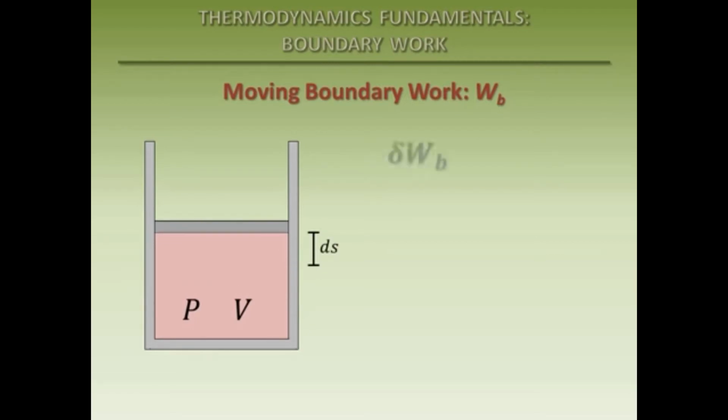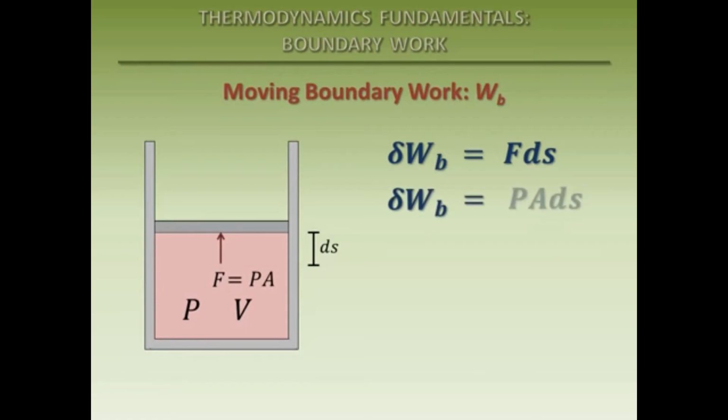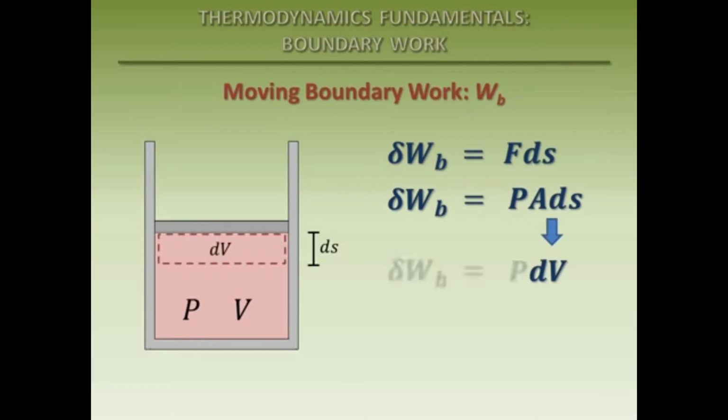The differential boundary work done during this process is equal to the force on the piston times the distance the piston is moved. The force acting against the piston is equal to the pressure of the gas times the cross-sectional area of the piston. The product of this area and the distance the piston moves is equal to the differential change in the total volume of the gas.